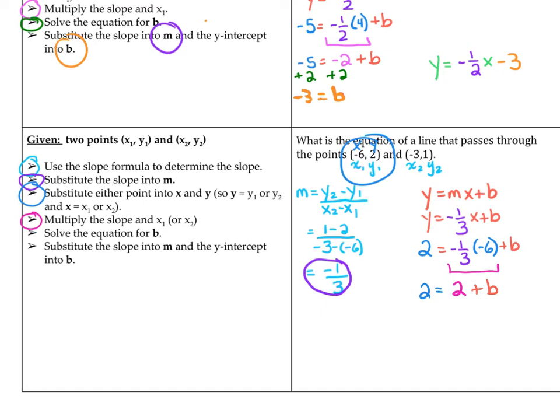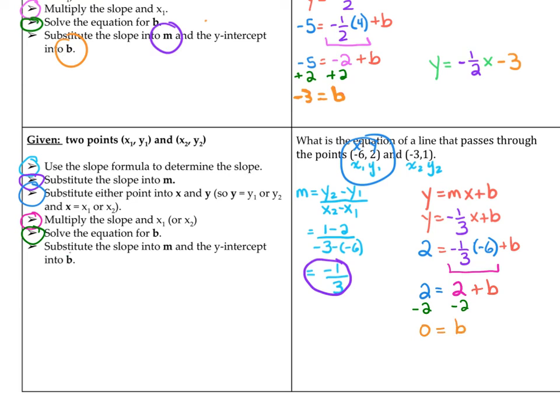And the last step is to solve for b, which means to isolate b, we have to subtract 2 from both sides. And then now that makes b being equal to 0.